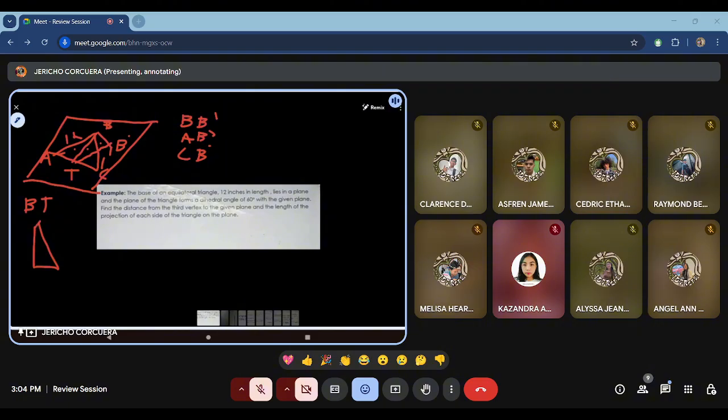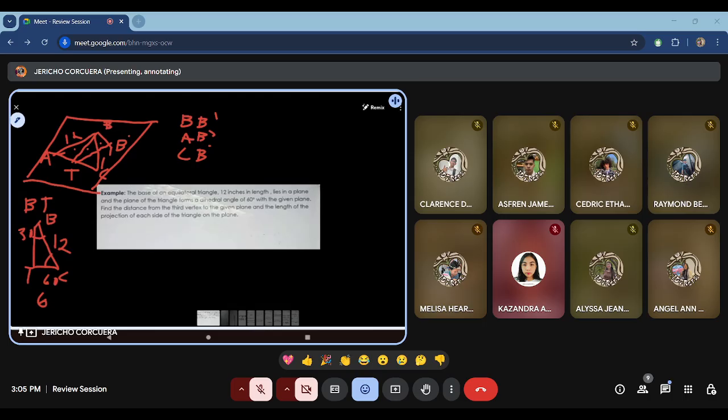Okay, my triangle isn't perfect. B, T, and C. This is 30 and this is 60. Since this is 12 inches and that one is 6, we can do cosine 30 or sine 60 to find the value of BT.